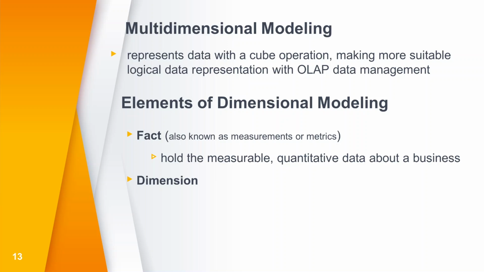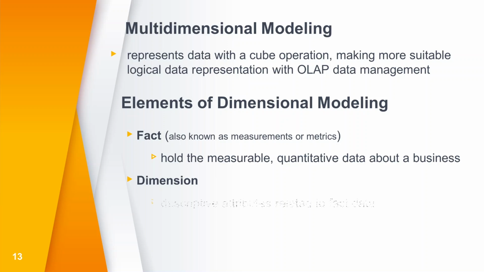Examples of fact data are sales price, sales quantity, data about time, speed, weight, distance, even amount per unit. Those are examples of fact data.